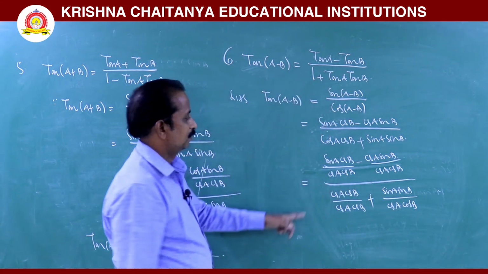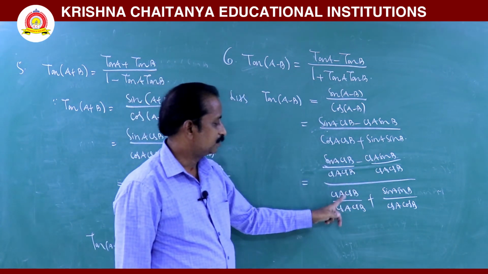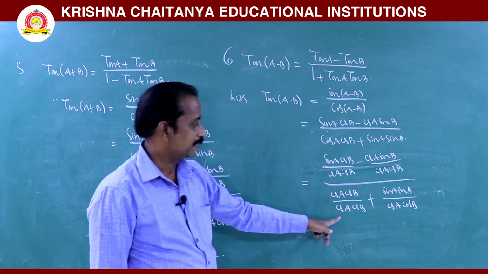And then observe cos B gets cancelled, cos A gets cancelled. These two terms are similar, so that's why they are getting cancelled.